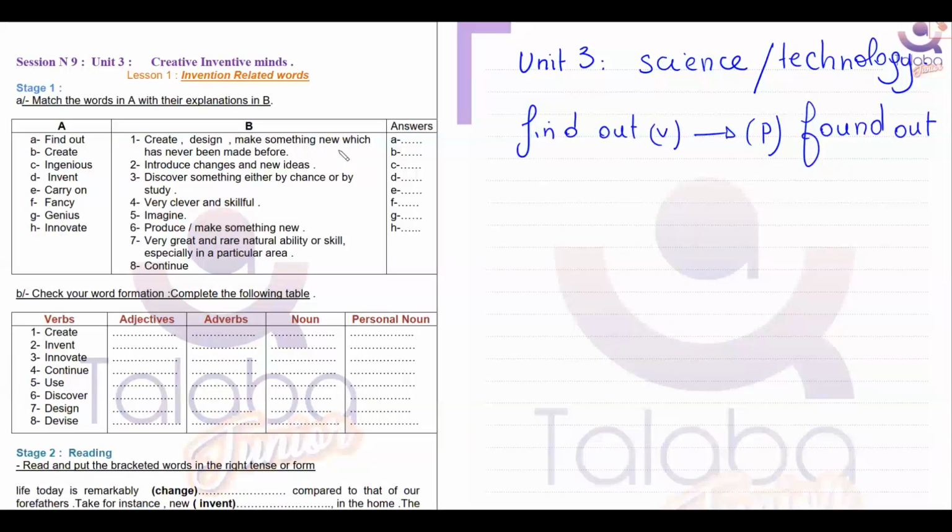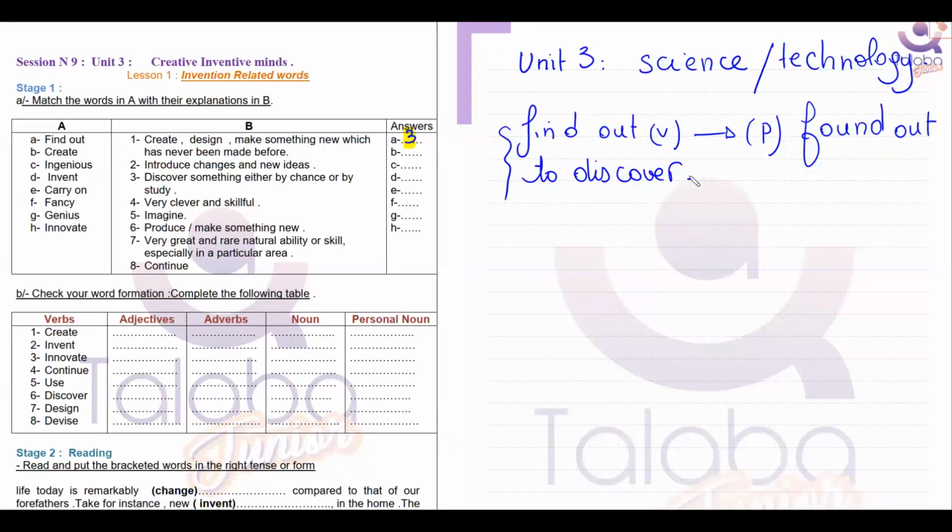The explanation of find out is to discover. So it's A3. You say to find out or to discover.